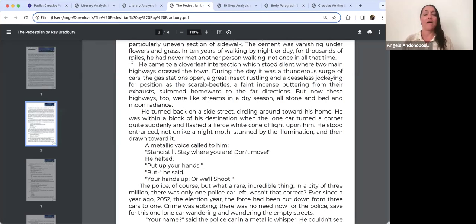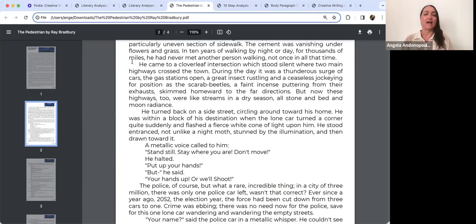You could write a paragraph just about that. You've got the metaphor of the great insect rustling. It's almost like looking down on the highway and the intersection and all the cars moving as this big insect, which also has a bit of a dehumanizing effect, and like much of the imagery in this, it's reducing human beings and the way they're moving around and functioning and behaving to something subhuman, something other than human.